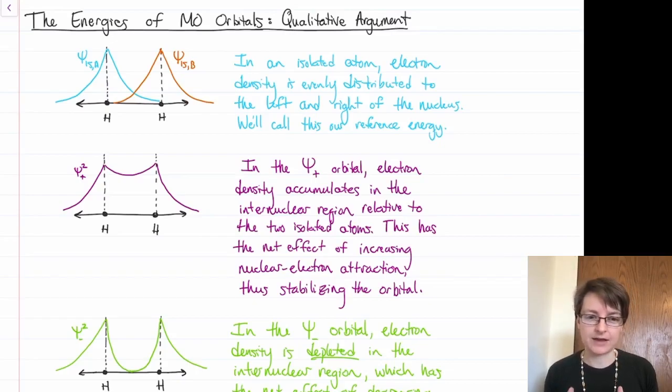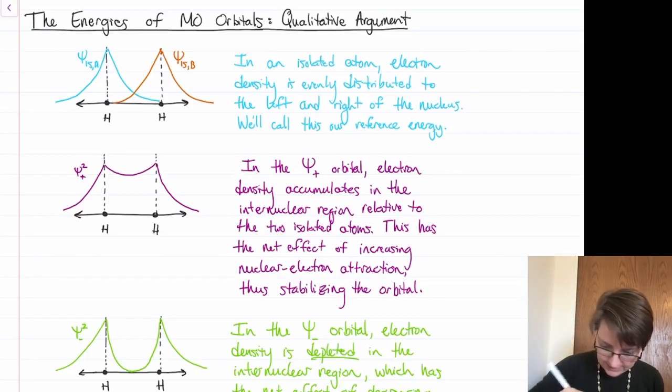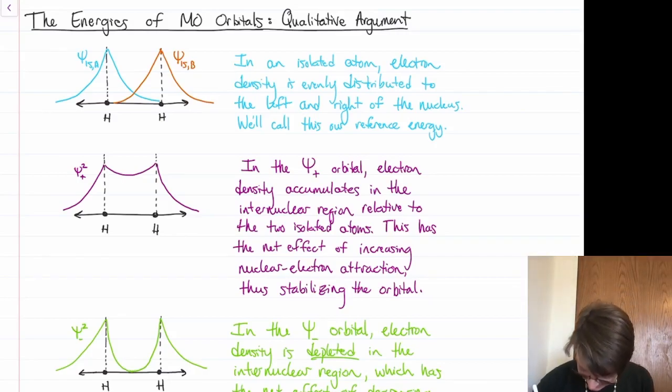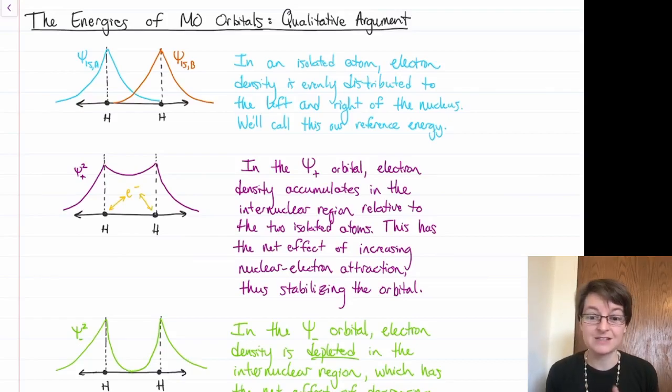This has the net effect of increasing nuclear electron attraction because now if I have my electron showing up in this internuclear region, not only can it be attracted to HA, but it can easily be attracted to HB. And they're at very close distances. And it's very probable to find the electron in this region, making it an overall stabilizing effect to the orbital.